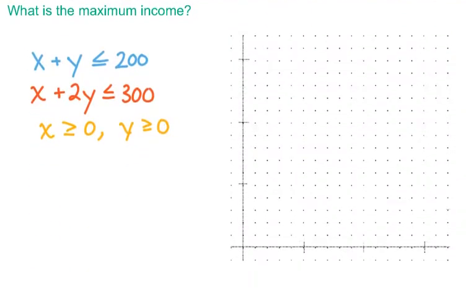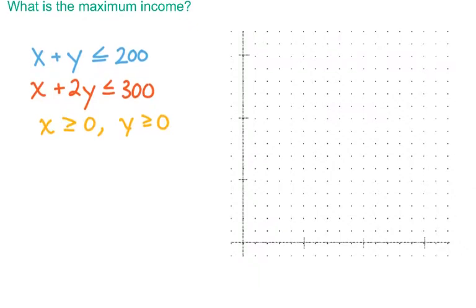Here I've pulled in my graph paper. Because I have already worked this problem out, I'm counting by 100s on my X and Y axis. So I've got a nice scale here. All right, so graphing x greater than or equal to 0 and y greater than or equal to 0.